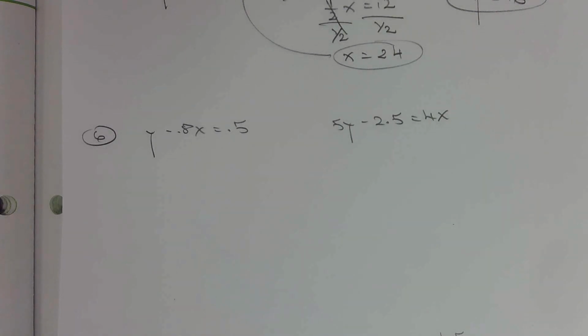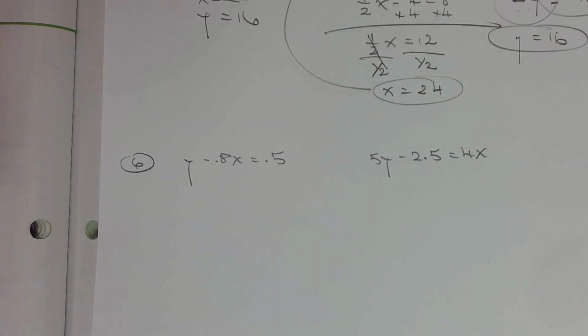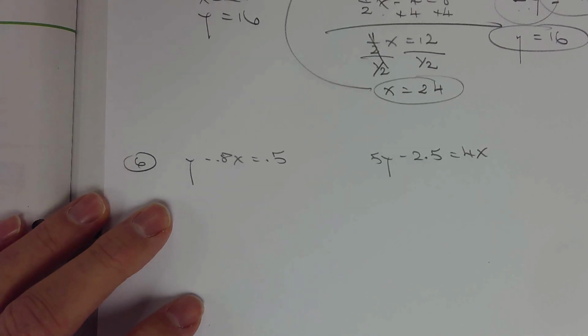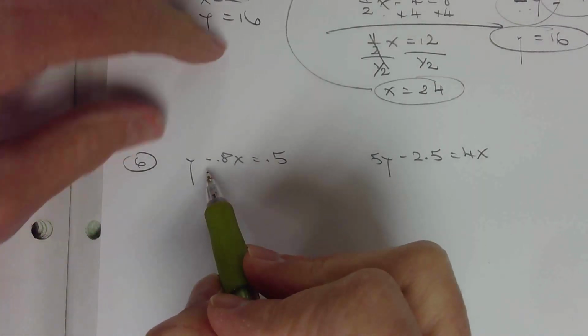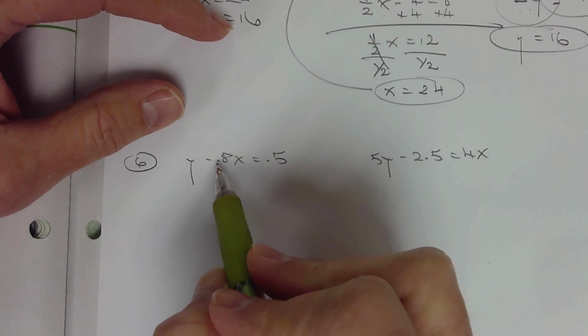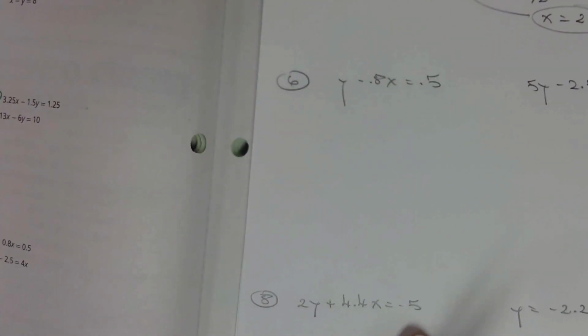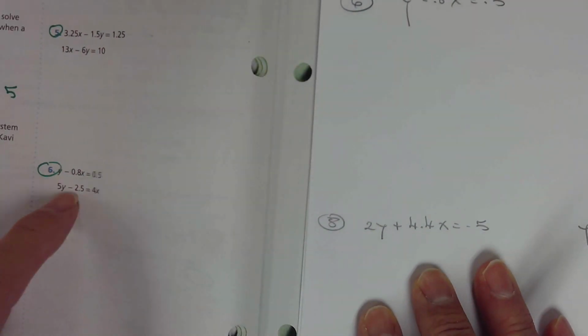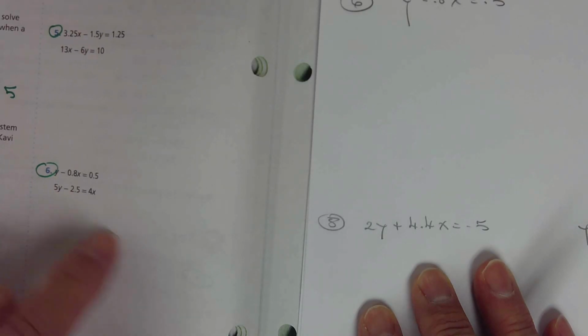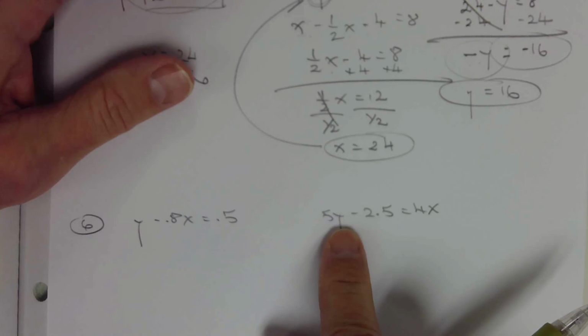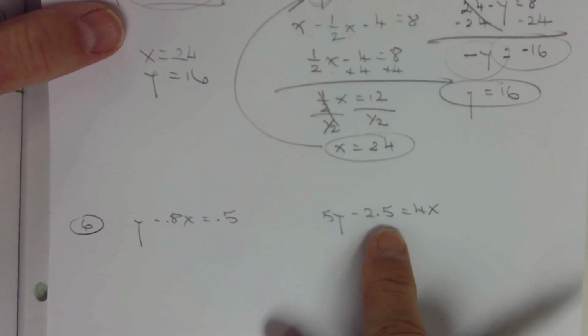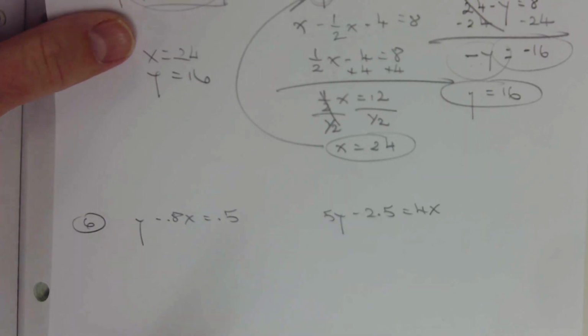Let's do one more here, maybe number 6. So what have we got here? We've got y minus 0.8x equals 0.5, and the other equation is 5y minus 2.5 equals 4x.